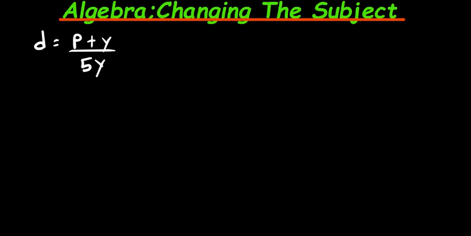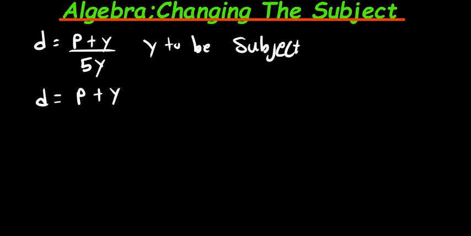If they ask you to make y the subject, because in this case d is the subject of the formula, but we want to make y the subject of the formula. Therefore we first write the equation, d = (p + y) over 5y.